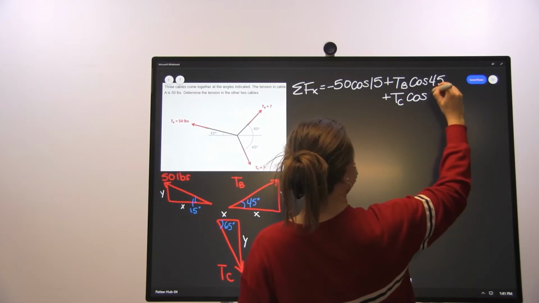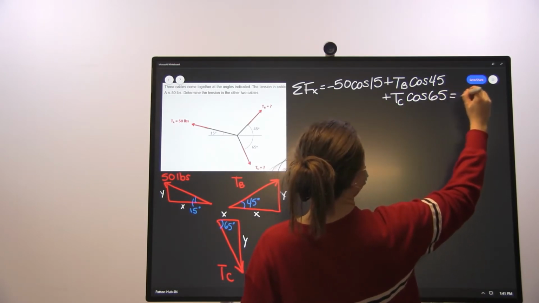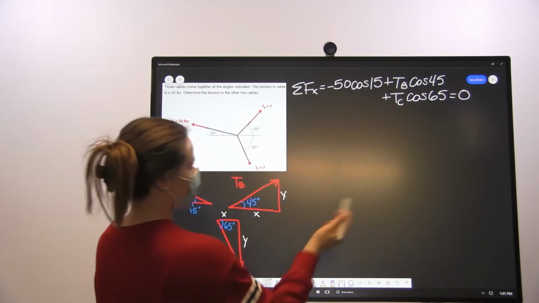So tension C times cosine of 65, and this is equal to 0. So we can't do anything to solve for these yet.